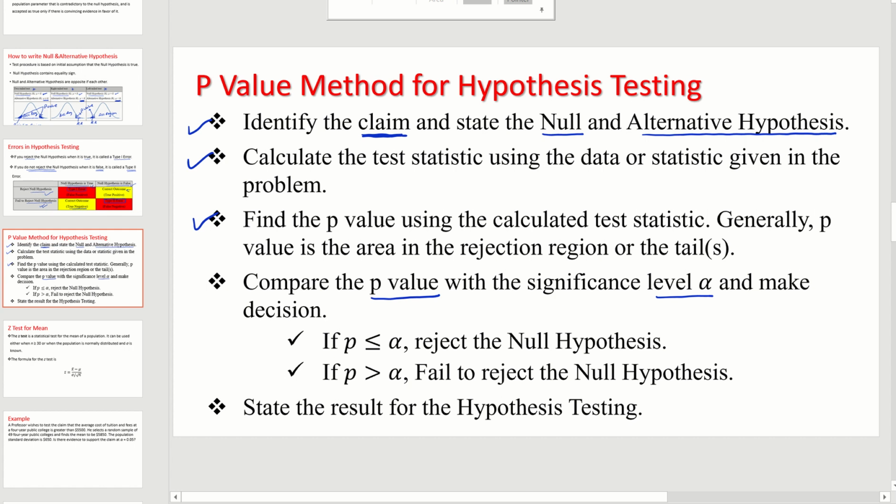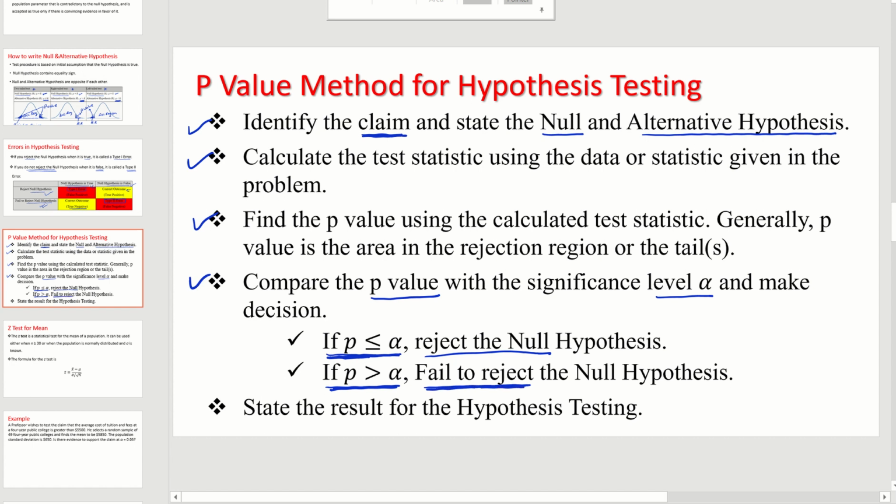We need to compare our calculated p-value, that is the area on the tail, with the significance level that is given to you. How are we going to compare? If the p-value is less than or equal to the significance level, then we reject the null hypothesis. But if the p-value is more than the significance level, in that case, we fail to reject the null hypothesis.